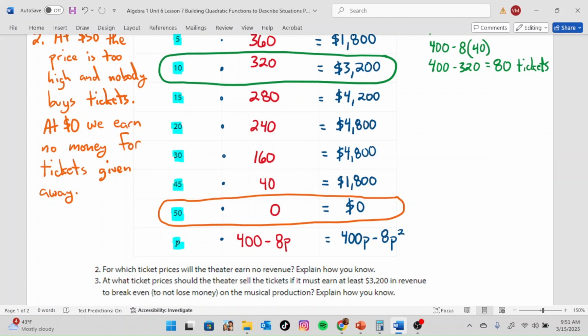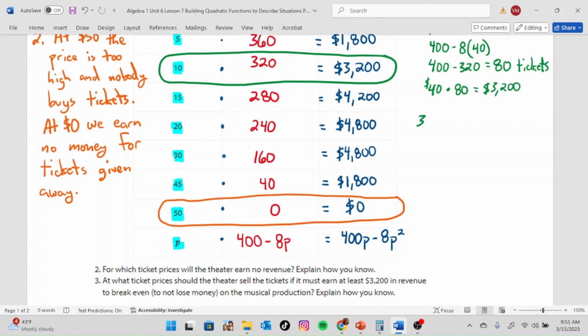So now if I took $40 and I multiplied that by the 80 tickets, that would in fact get me $3,200 of revenue.